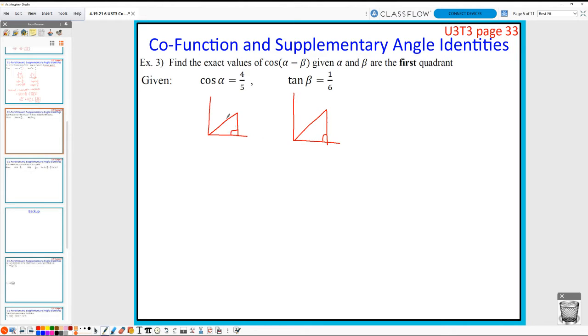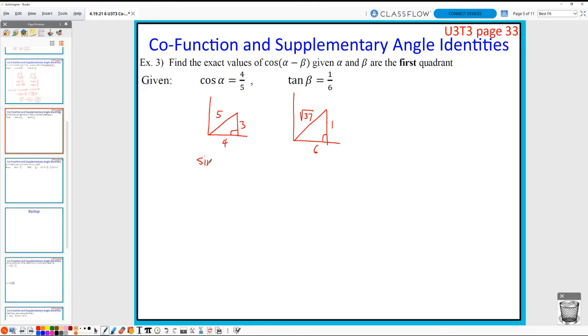These are my triangles. Cosine 4 over 5, 3. Tangent is 1 over 6. This is going to be root 37 using Pythagorean theorem. So again, cosine alpha, I already know. That's given to me.